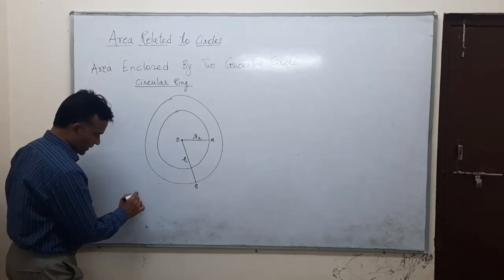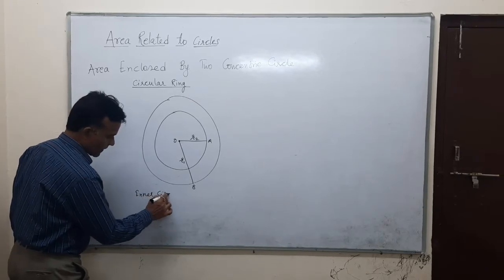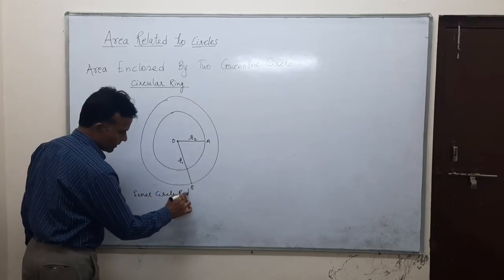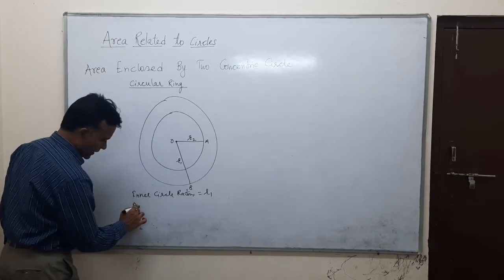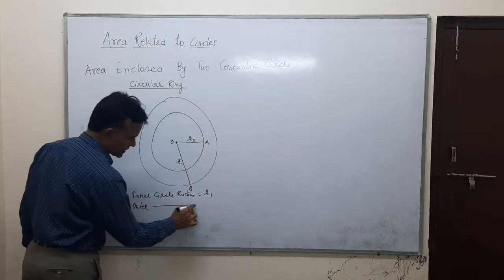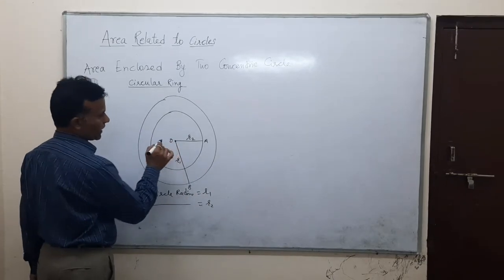Okay, so we can write here: inner circle radius is equal to R1 and outer circle radius is R2. Now here we find the area.